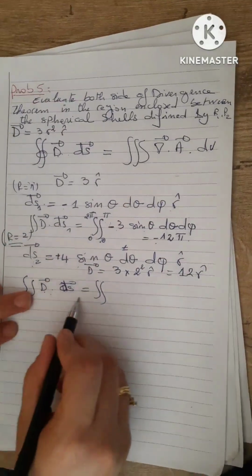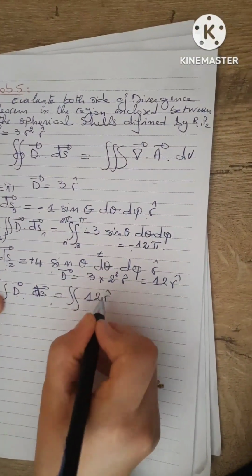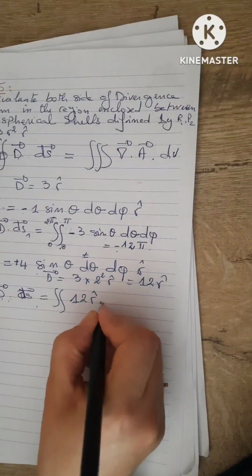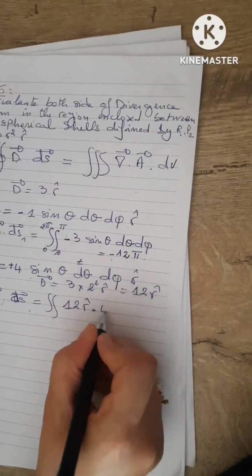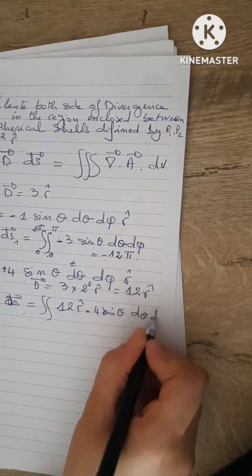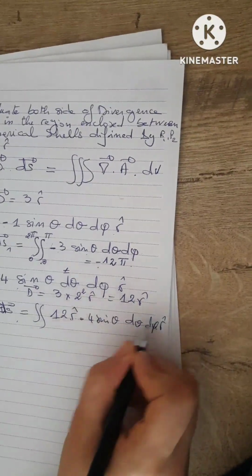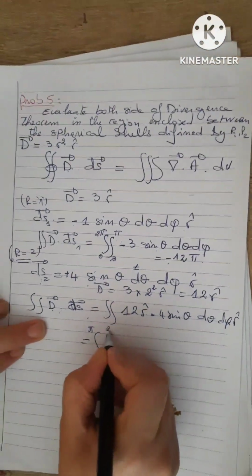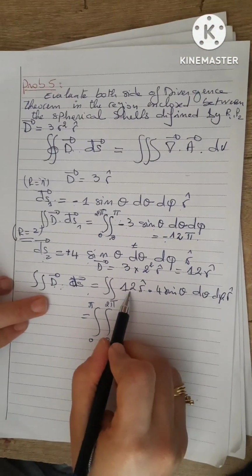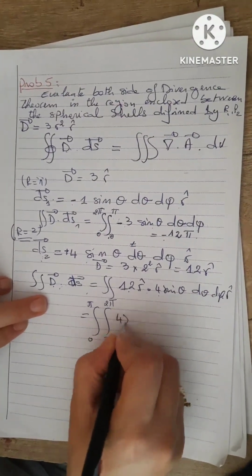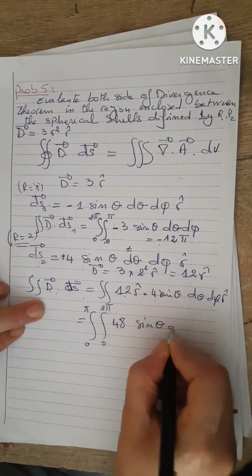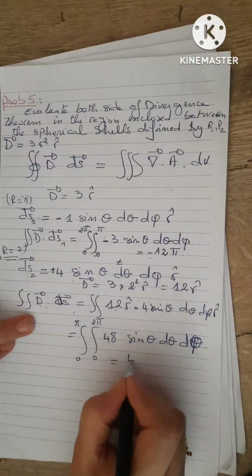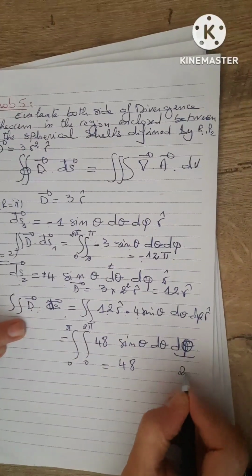Now we have D dot dS, with D as 12 r and dS as 4 sine theta d theta d phi in the direction of r. So r dot r is 1. Now I have the integral from 0 to pi, from 0 to 2 pi, of 12 times 4, which is 48 sine theta d theta d phi.